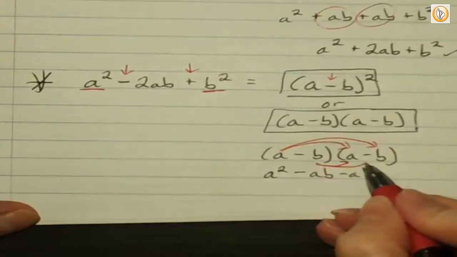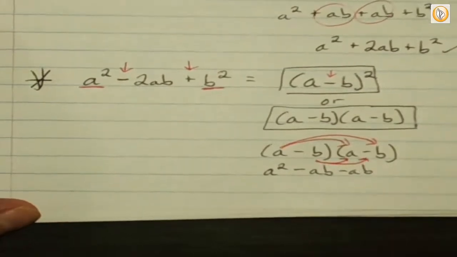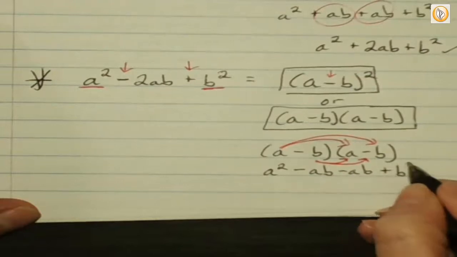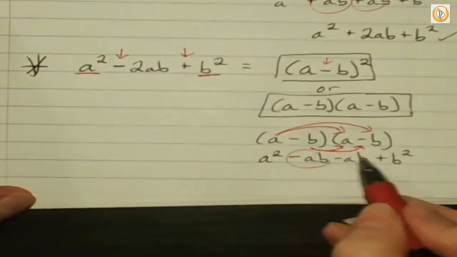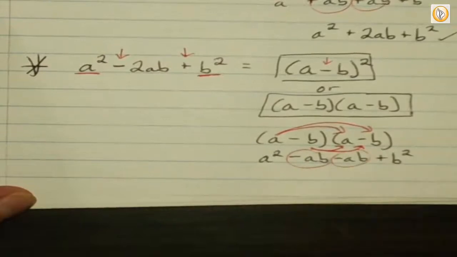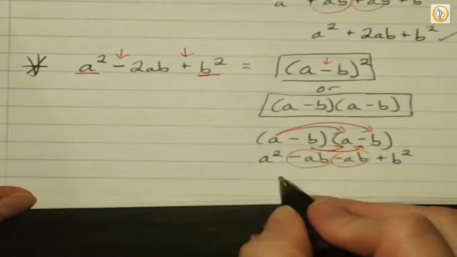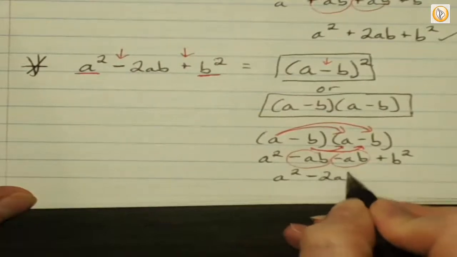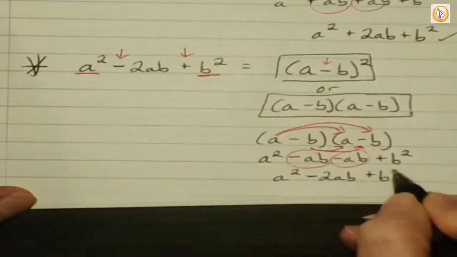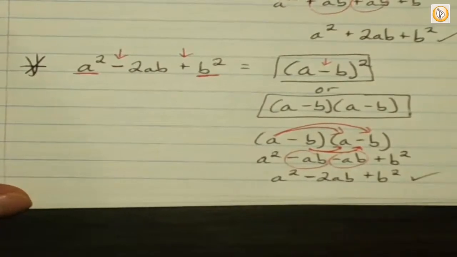And then here's how we got our positive. Negative B times negative B is positive B squared. If I combine all my like terms, I get A squared minus 2AB plus B squared. And so it checks.